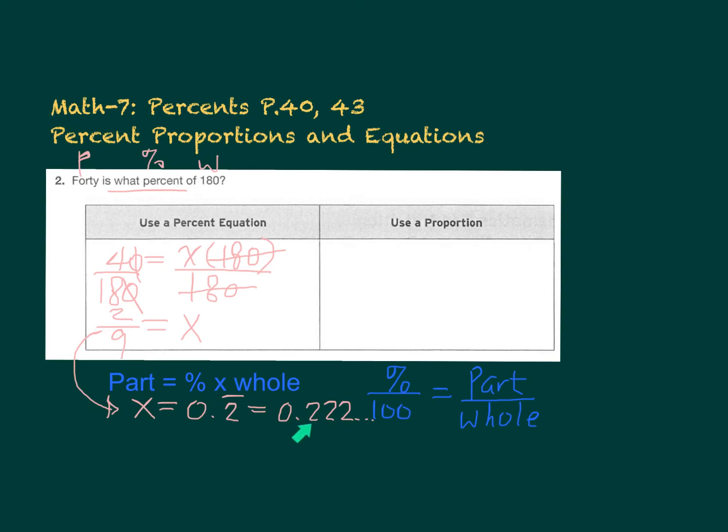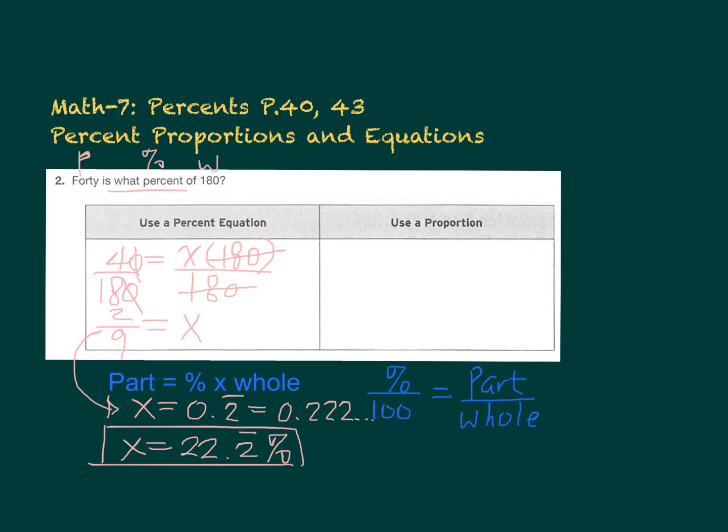So when you do 0.222222 times 100, it is the same as moving the decimal point over to the right 2 times. So you have 22.22222%. Okay, so x equals 22.2, let's just put repeating here, percent. Okay, so this is your answer to the first box.